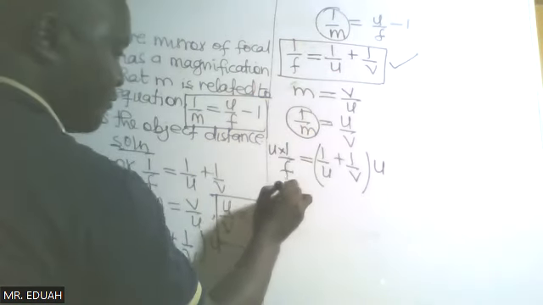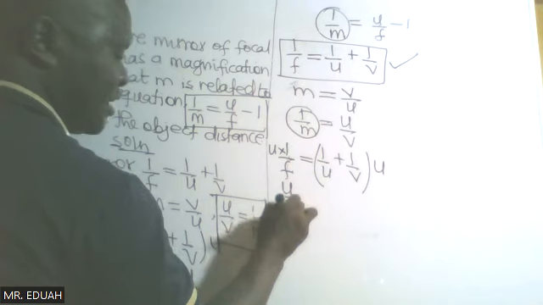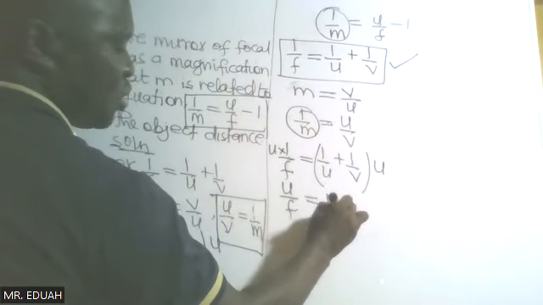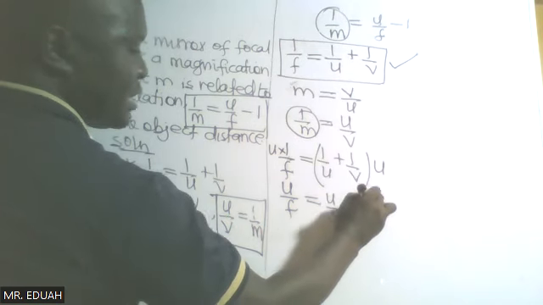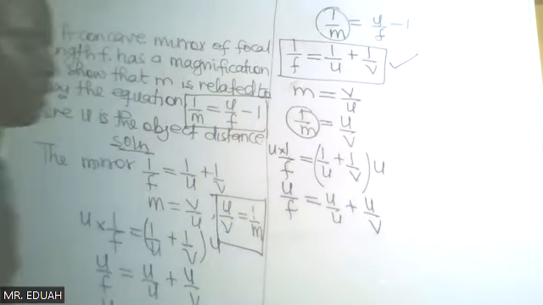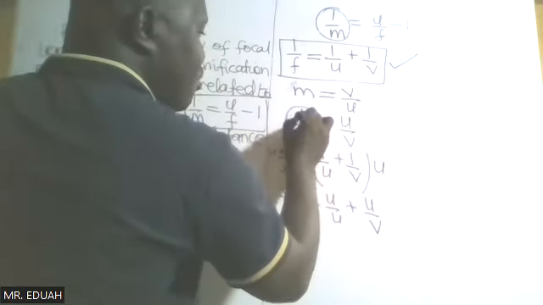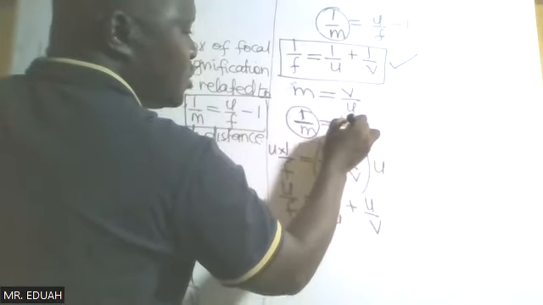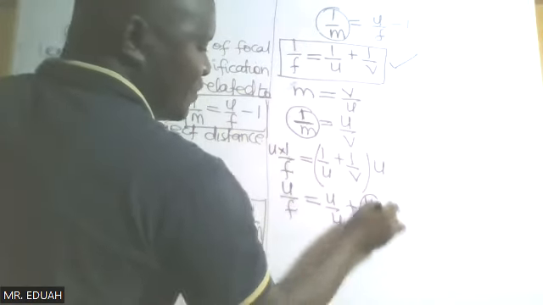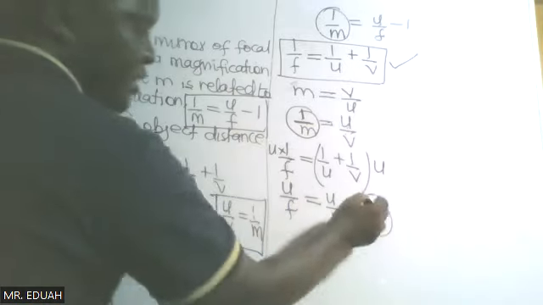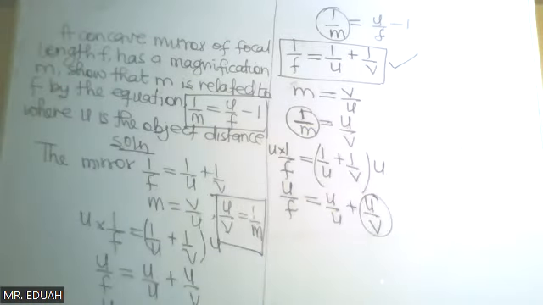So you have U over F here. Then when you multiply through by U, you have U on U plus U on V. Now, since 1 over M is equal to U over V, in place of this, Irene, what can you substitute?